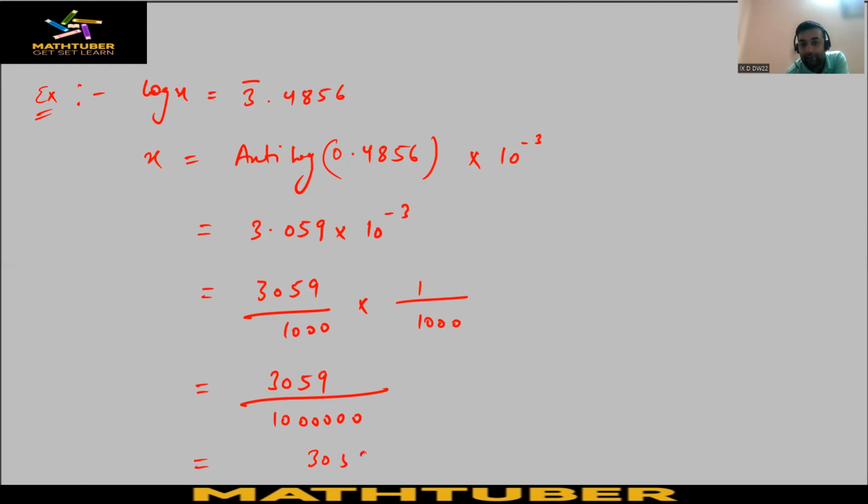We already have 4 digits here, and to make it 6 digits, we have to put 2 zeros in front of 3, and then the decimal place will be here. So 0.003059 will be your answer, right? So this is how we have to find out the log and anti-log for a number.